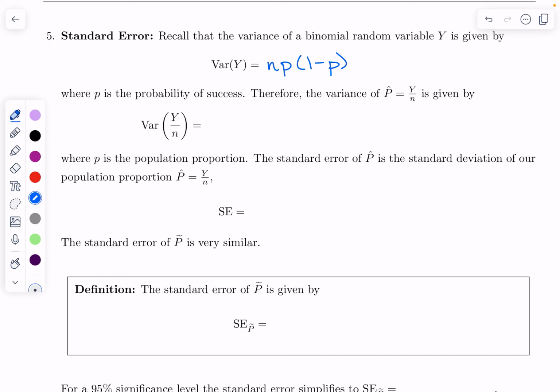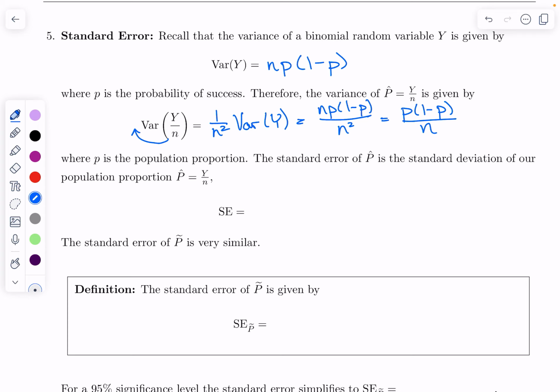So what is the variance of y over n? Well, you may recall that when you have a constant inside the variance, you can bring it outside, but you also have to square it. So we get 1 over n squared times the variance of y. We know the variance of y is n times p times 1 minus p, and we can divide that by n squared. So the variance of y over n ends up being p times 1 minus p over n.